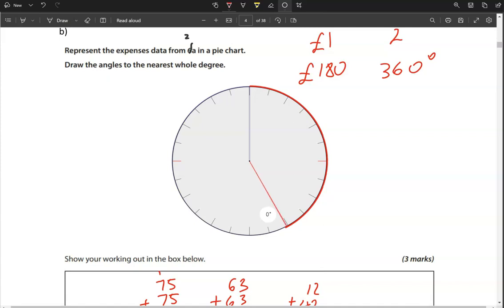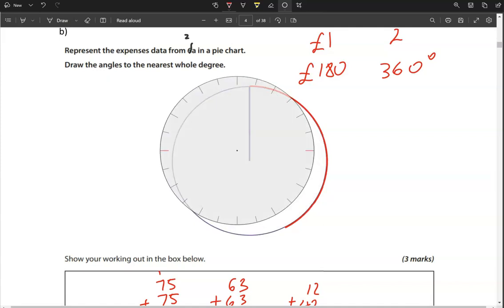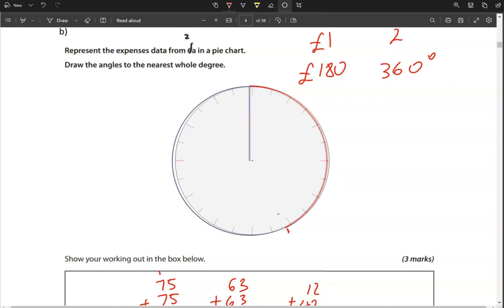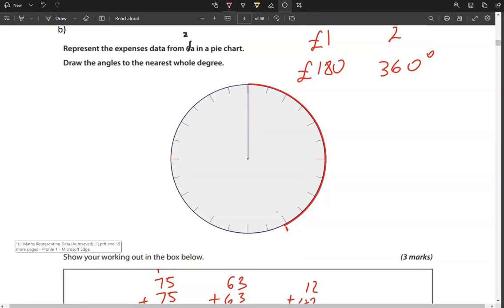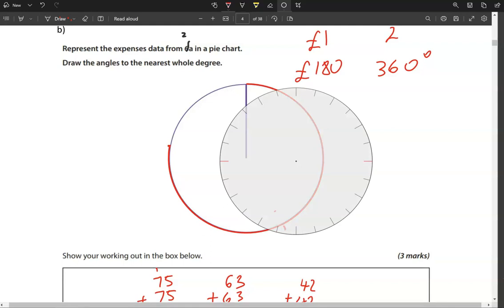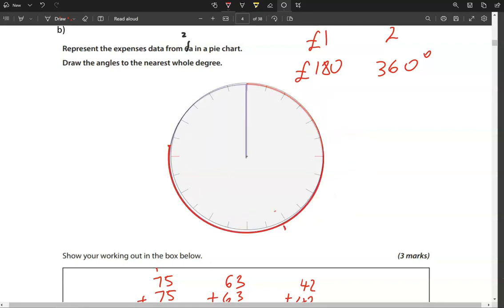I'll make a mark here. Now we'll measure 126 degrees for food. And we'll double check that we've got about 84 degrees for activity materials.